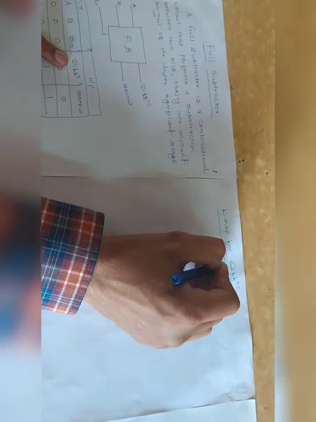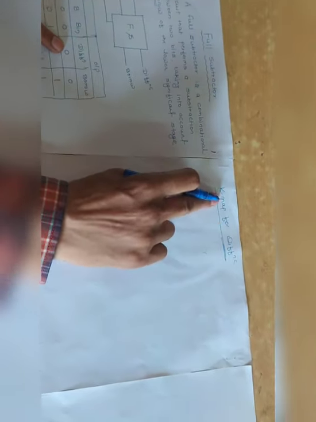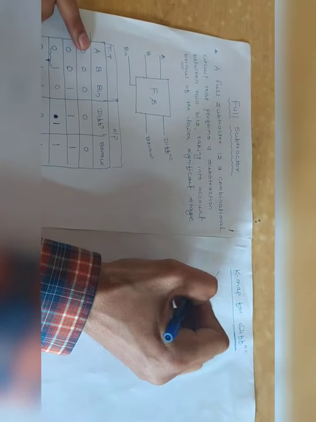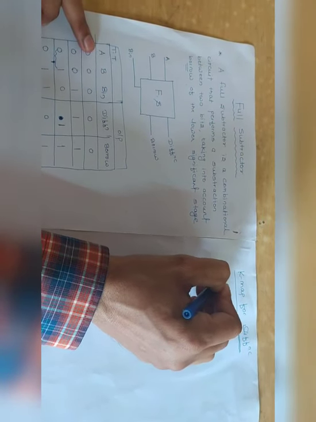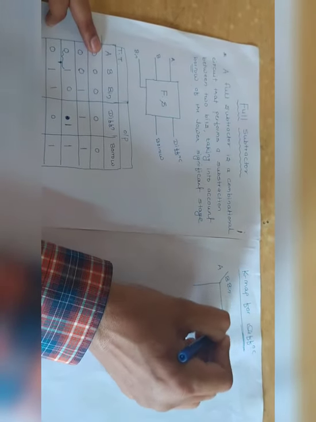Now everyone knows how to draw the K map. While drawing the K map, you need the inputs. The inputs are A, B and B in. These are the three inputs. So for those three inputs, suppose this is my A, B and this one is my B in, or borrow input.